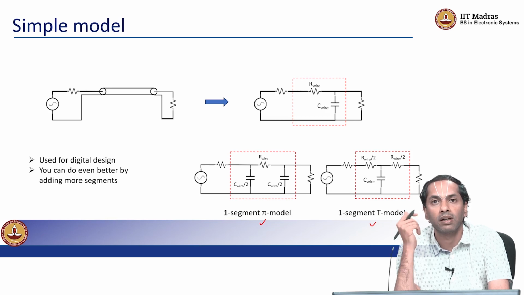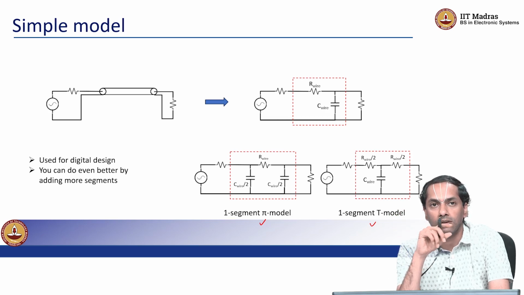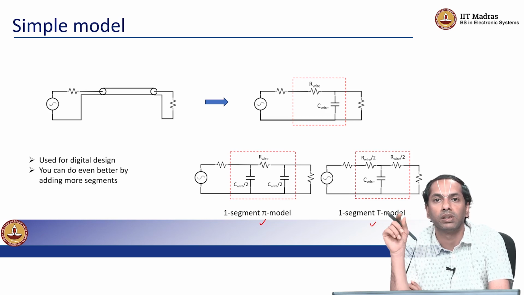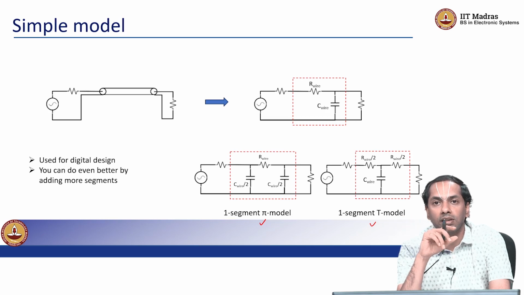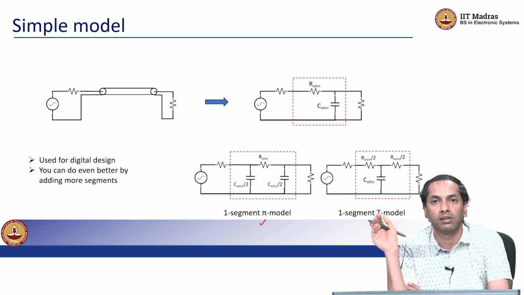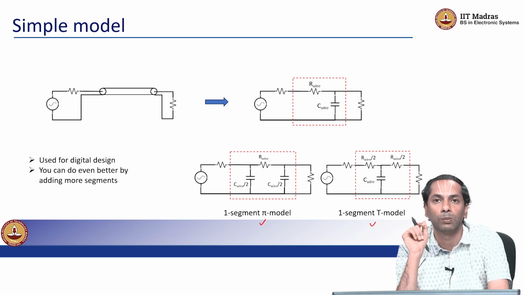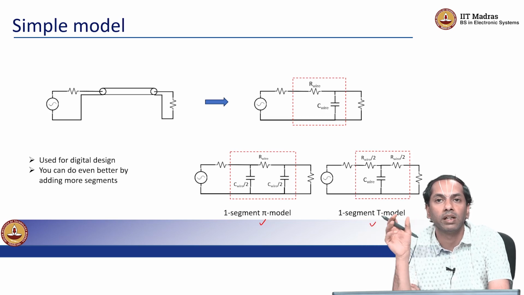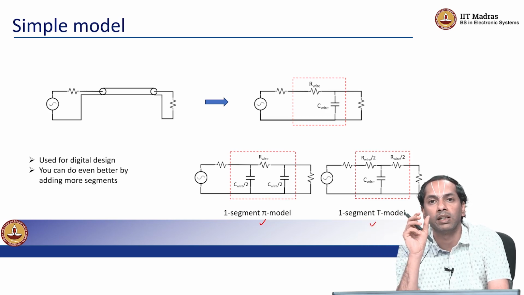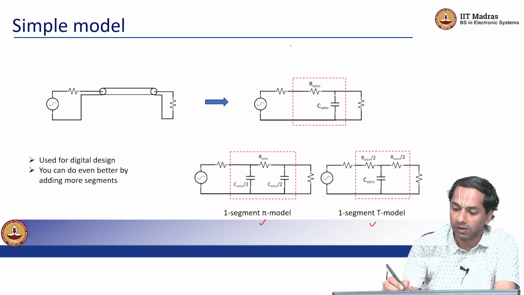And an even better thing that you could do is remember that these are not lumped elements, right. So for the interconnect, the transmission line, the resistance is distributed all along the transmission line. It is not that all the resistance is lumped at the input or the output. So this distributed nature could probably be modeled by taking several such RC pairs and stacking them one after the other, right.